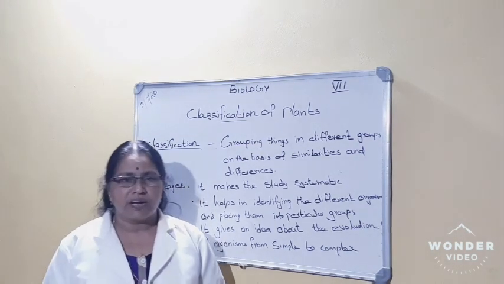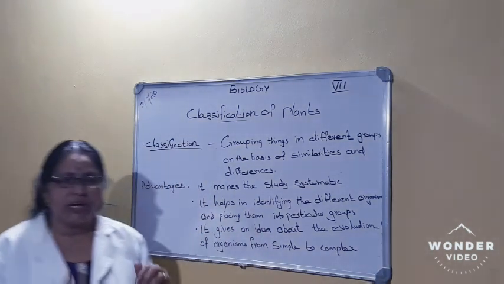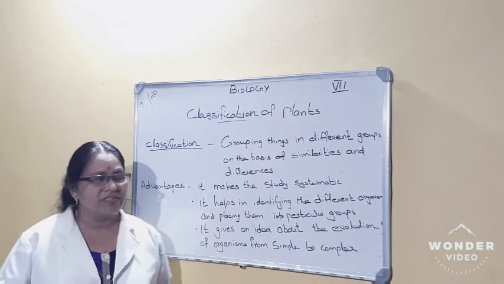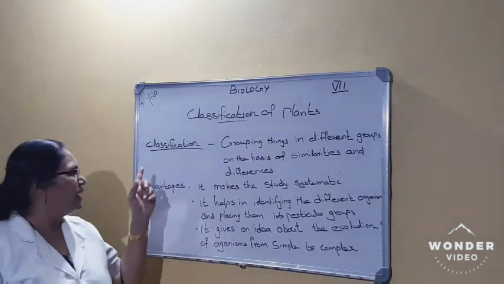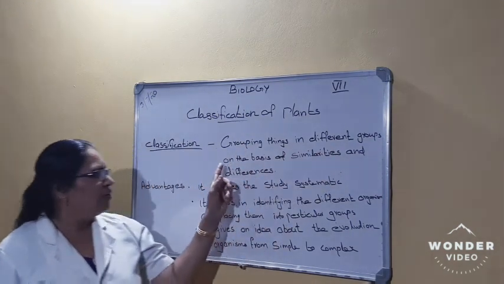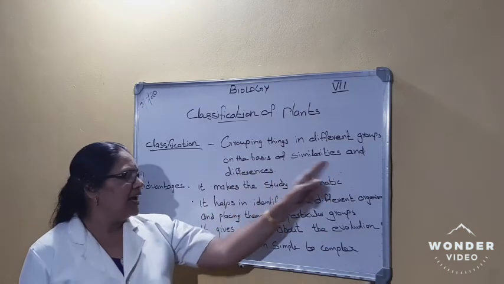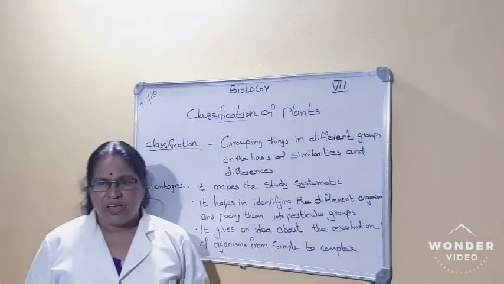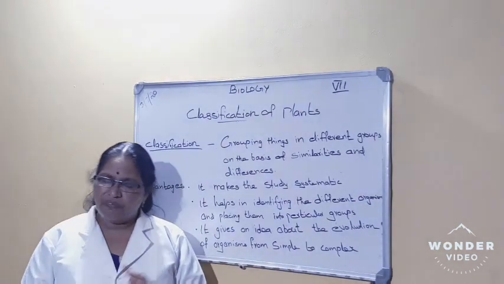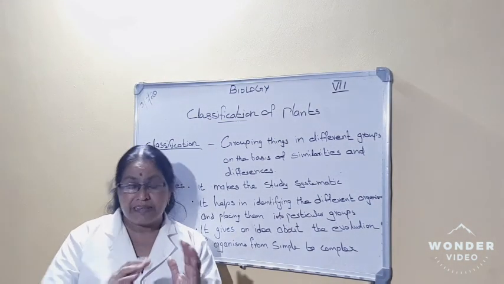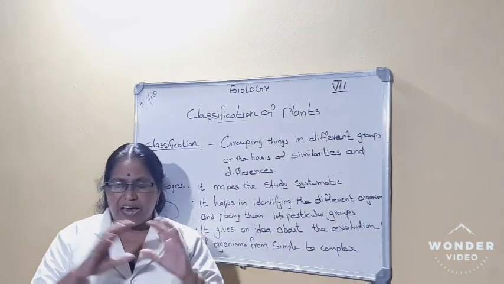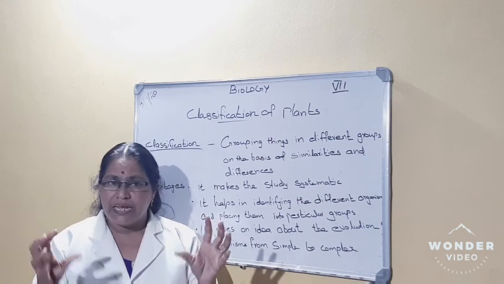So, before going to the classification, you have to know what is the meaning of classification. Classification. What do you mean by classification? Classification means grouping things in different groups on the basis of similarities and differences. We arrange the things into many groups.